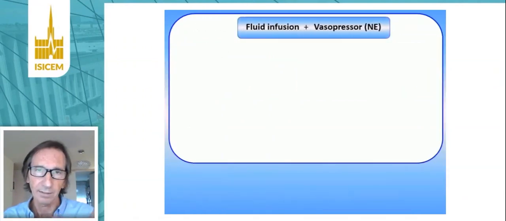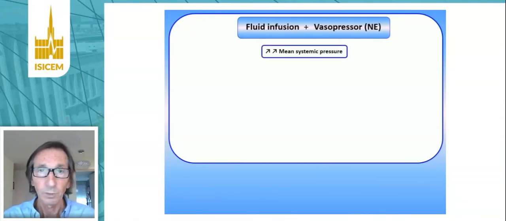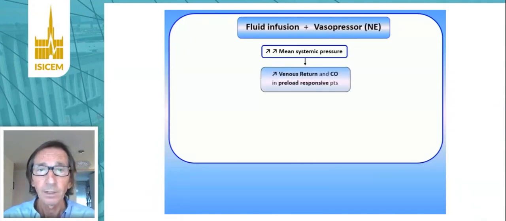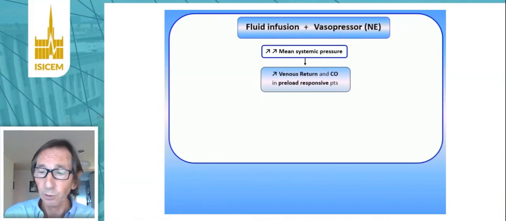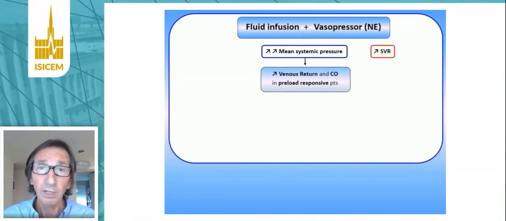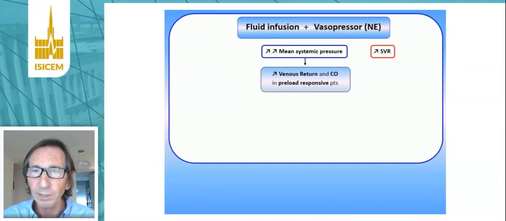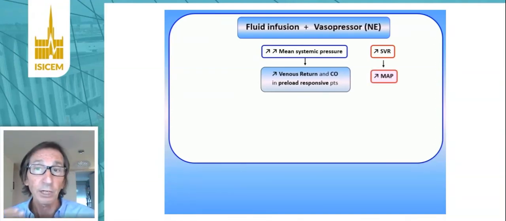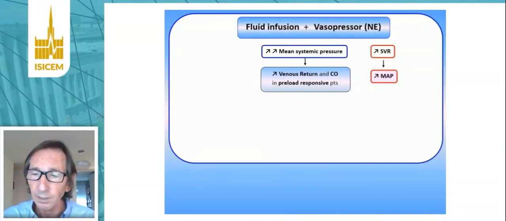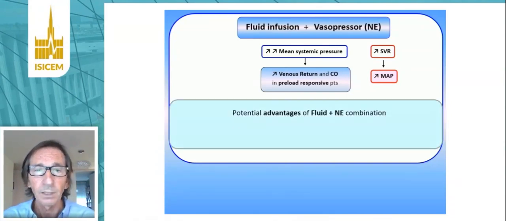So if now we combine fluid infusion and norepinephrine, we should have a large increase in the mean systemic pressure, which can result in an increase in cardiac output in preload responsive patients. But at the same time, we could have an increase in the systemic vascular resistance and an increase in MAP, and therefore we can correct hypotension in patients with shock.